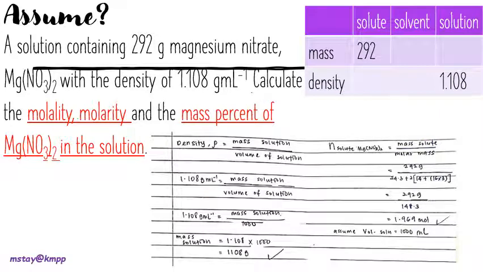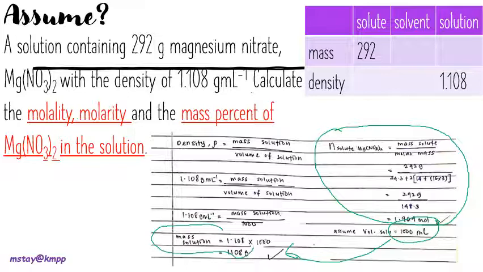The student lists down the formula of the density of solution and then uses the mass of solute given in the question to determine number of mole of solute. Next, the student assumes 1000 ml of the volume of solution so that the student is able to find mass of solution.